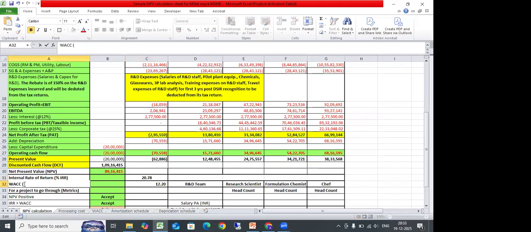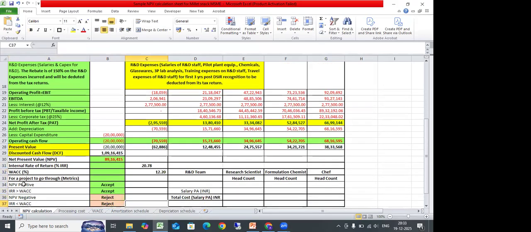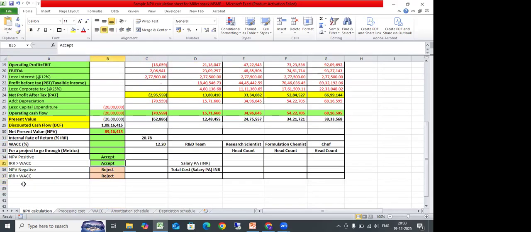So what was our initial discussion? We should generate more return than WACC. If your project generates more than WACC, which is happening in this case, then your project should go ahead. There is a green signal.